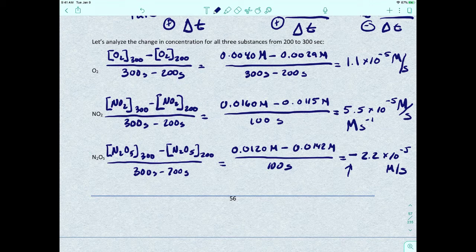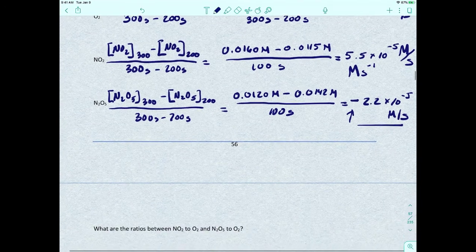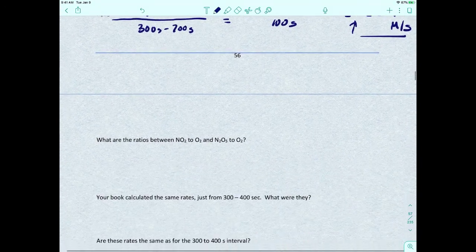So even though this slope right here is negative, we're going to report this rate as a positive because we can get that information from the reaction. We know because it's a reactant, the concentration has got to be going down. Okay, so now here's where it gets kind of cool.